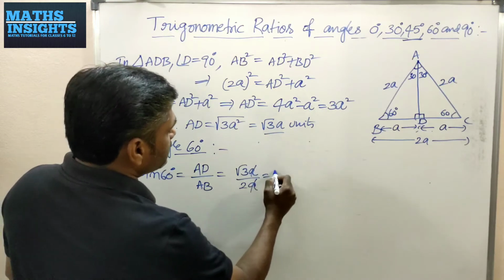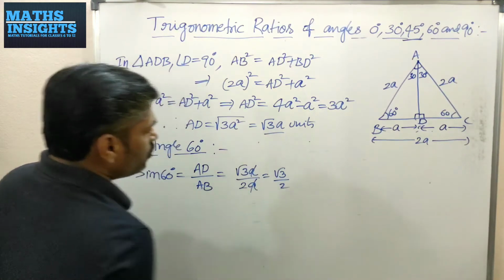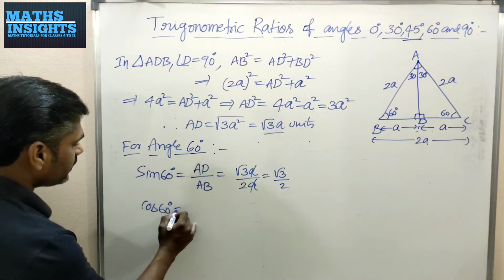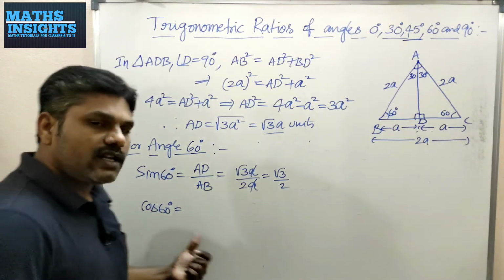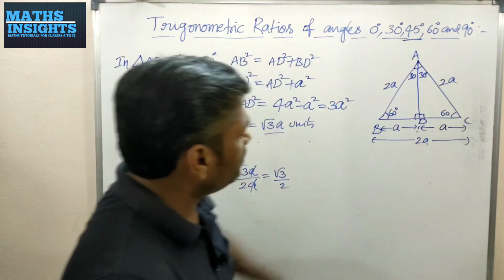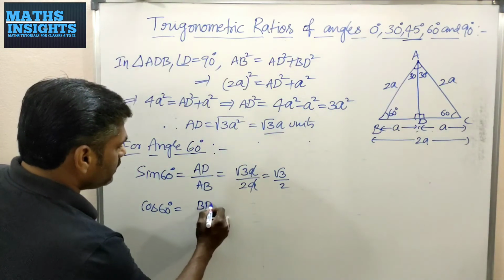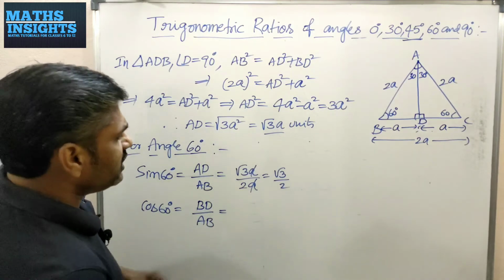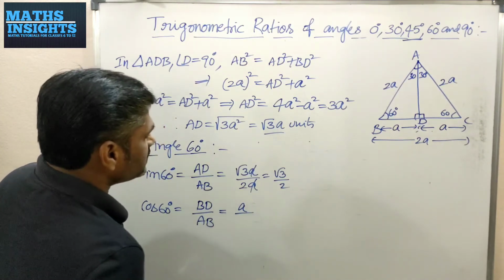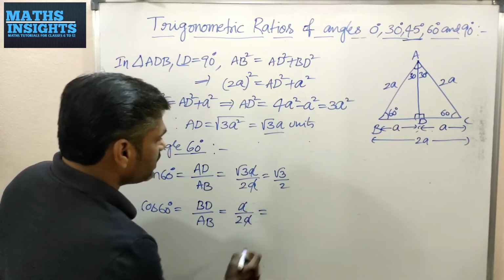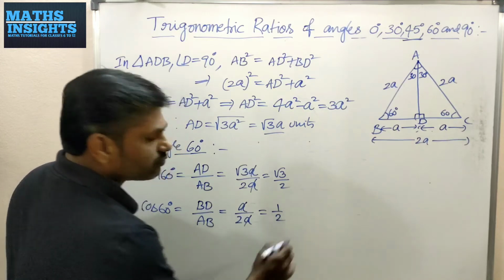If you cancel this, it will become root 3 by 2. Similarly, for cos 60, side adjacent to 60. This is the 60 angle. Adjacent side will become BD. BD by hypotenuse AB. Therefore, BD value is A and hypotenuse is 2A. If you cancel this, you will get 1 by 2.